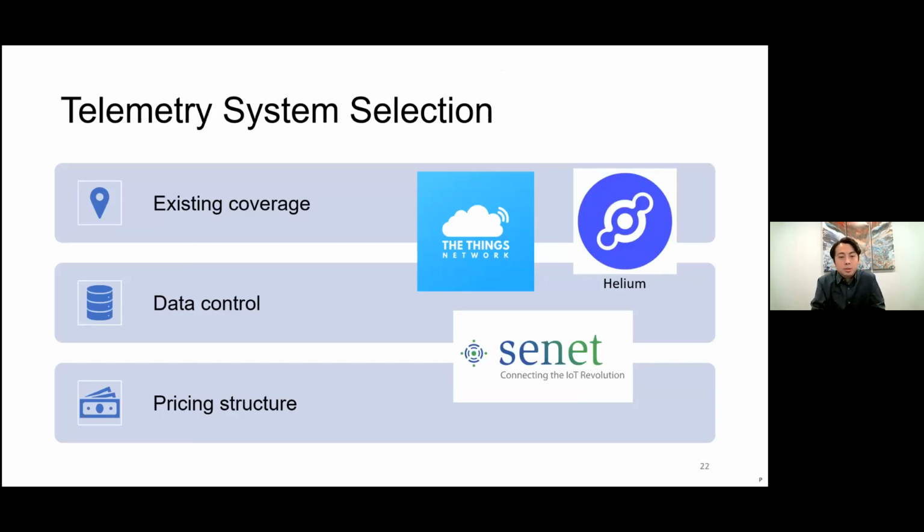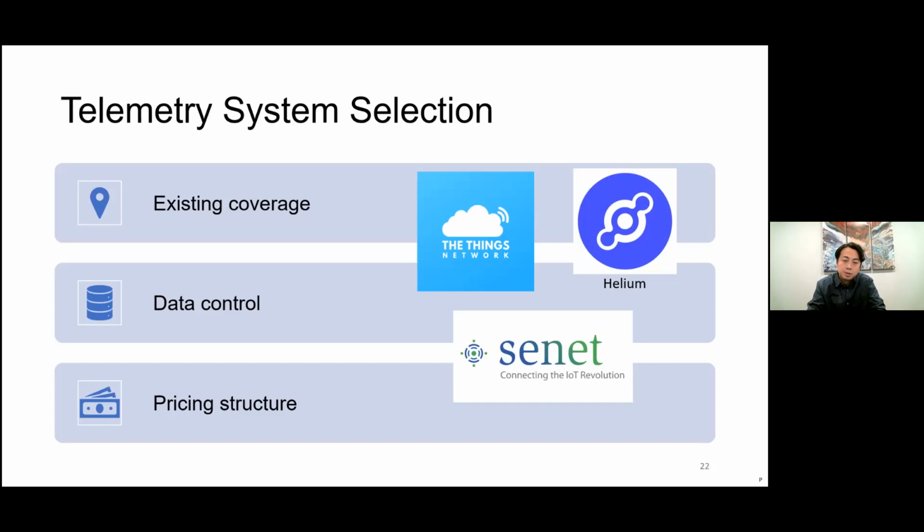So here on the right-hand side, there are a variety of different vendors out there that provide access to LoRaWAN network. They have their own different coverage, data control policies, and also pricing structures. Obviously, I would encourage you to look on their websites to find out more about this information before you make that right decision.